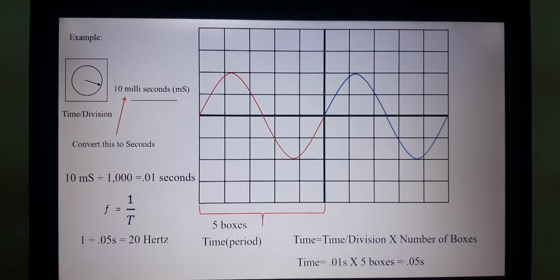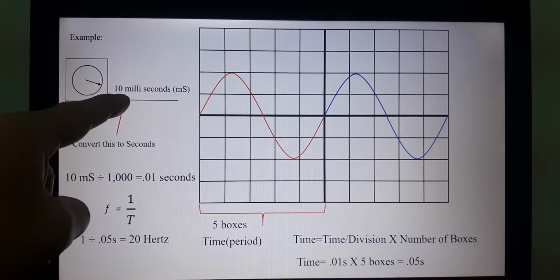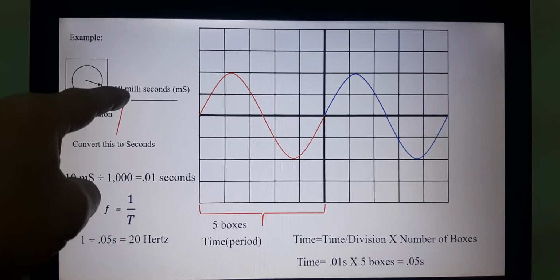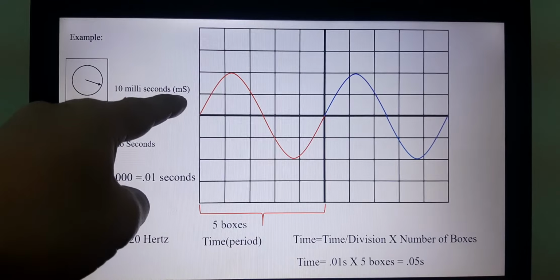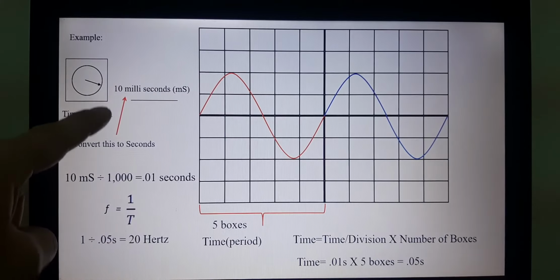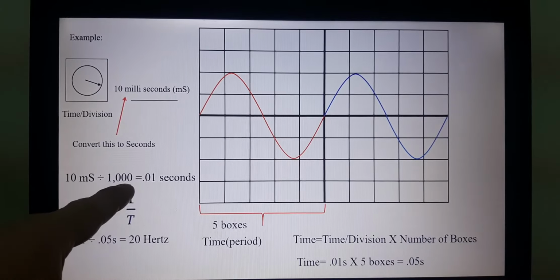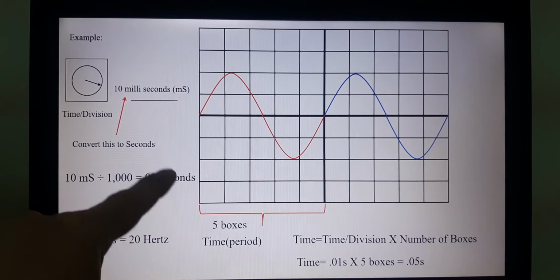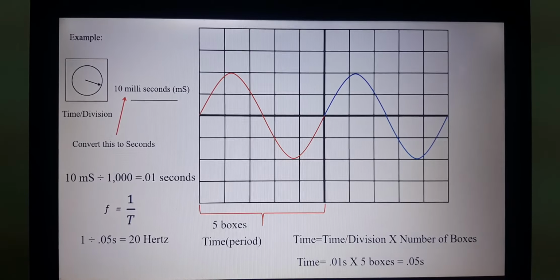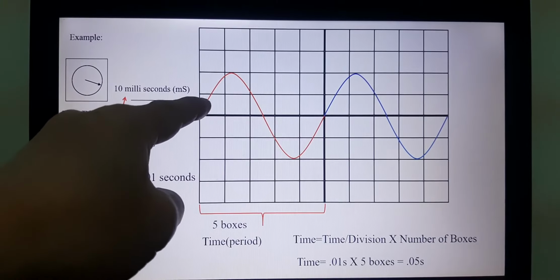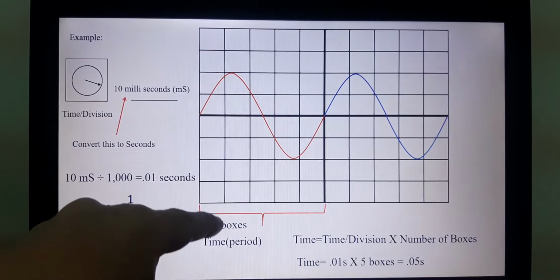The next example: the time per division is 10 milliseconds, or 10 ms. So we need to convert this: 10 milliseconds divided by 1000 is equal to 0.01 seconds. Now, this sinusoidal wave has 5 boxes.